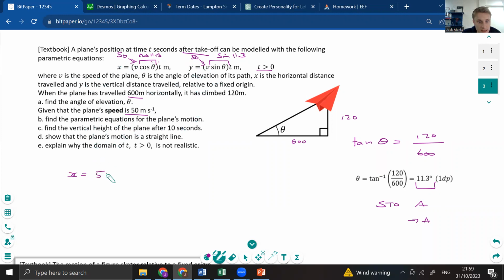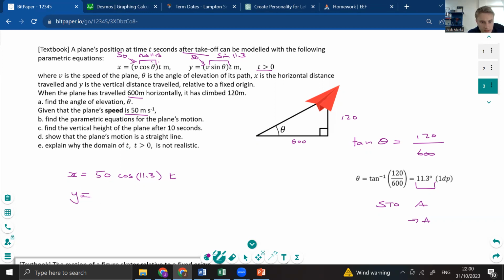So we can say this is 50 cos 11.3. I just want to make it nice and obvious that the T is on the outside. Okay, so something like that. So I can do the same for the other one.